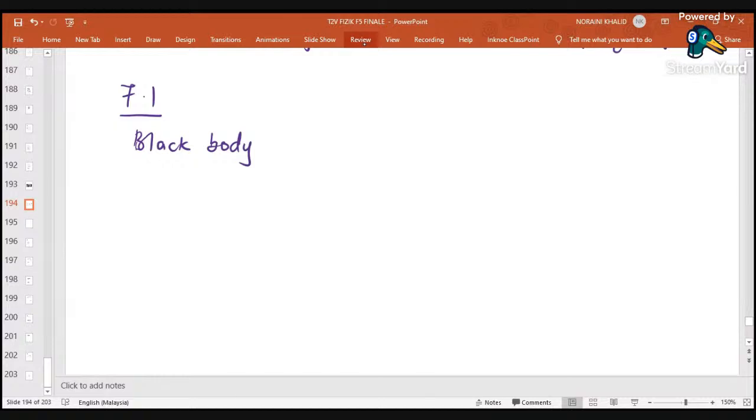So the object emits electromagnetic radiation, which is determined by its temperature. Electromagnetic radiation includes visible light, the color or the radiation in terms of light that can be seen by our eyes, but also radiation that cannot be seen by human eye, such as infrared radiation.